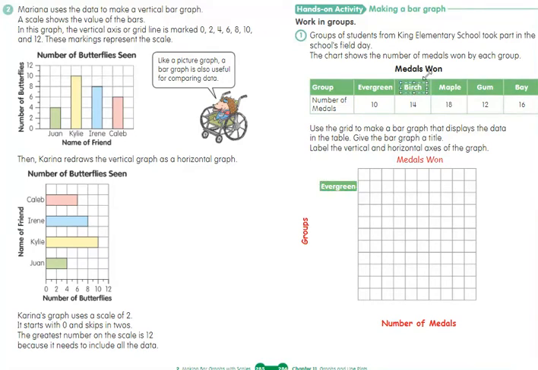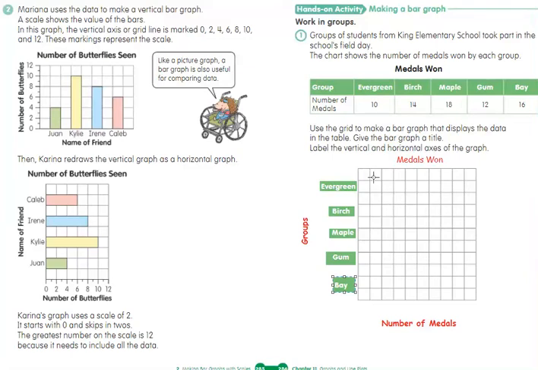Then Birch will go here on this bar. Then Maple, Gum, and Bay. Now you could have decided to do a vertical bar graph, but in this case I'm doing a horizontal one, and that just means that the bars are going left to right instead of up and down.